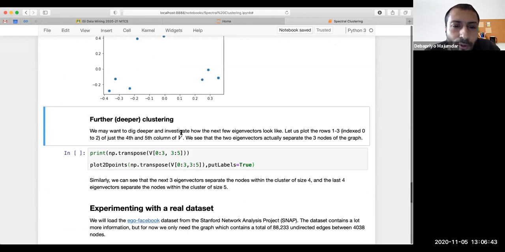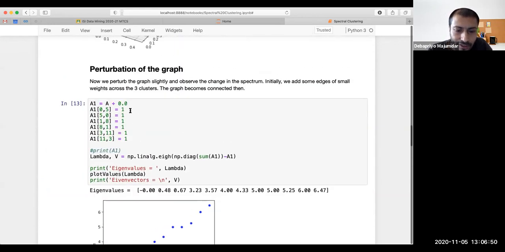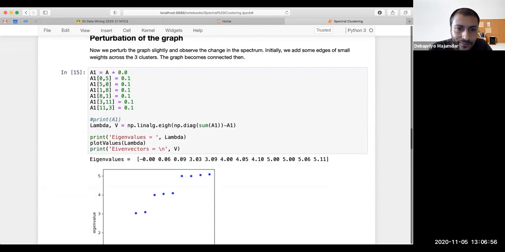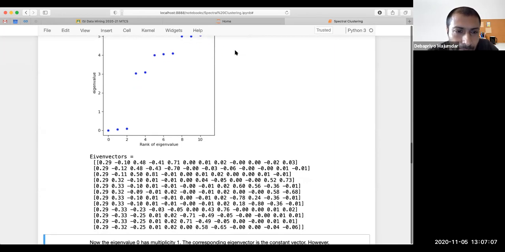Now, what about the next eigenvectors? What happens after that? To do that, let me go back to our original perturbation, which is a small one that will help us understand it. So this is the small perturbation. Now we see that there are three eigenvalues in the first level, two in the second, three in the third, and four in the fourth level, right?